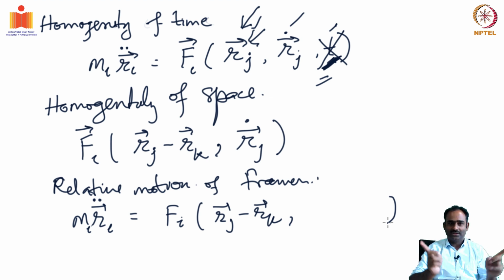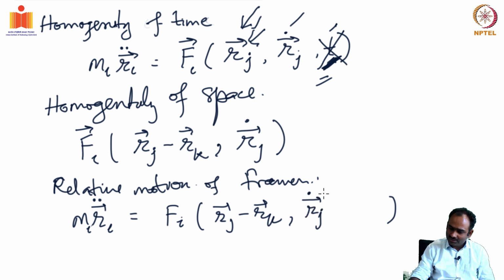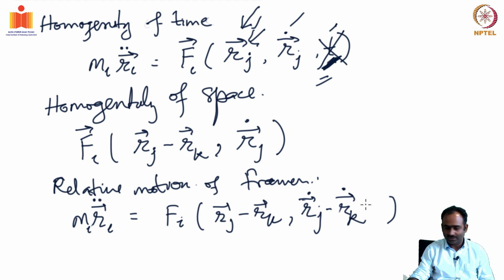When you take the difference, the additive part drops out. Which means that I should not have Rj dot, but I should have Rj dot minus Rk dot. Time was anyway gone.